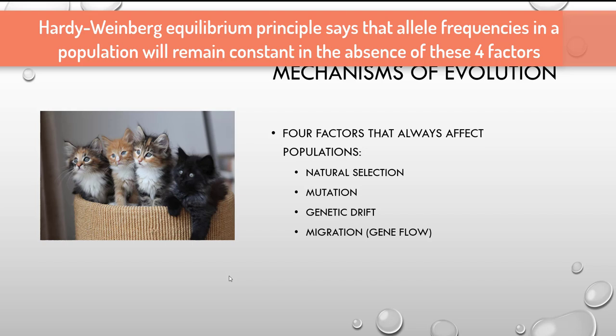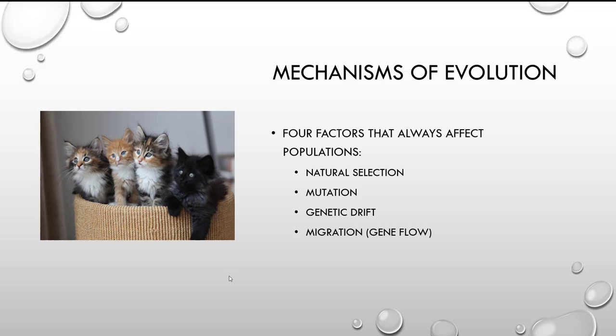So we're going to go through each one of these mechanisms and see how they affect populations and how they cause populations to change. We're going to start with natural selection, and then we'll get into mutation and genetic drift and gene flow. If you didn't write them down, that's okay. We'll go through each one individually, starting with natural selection.